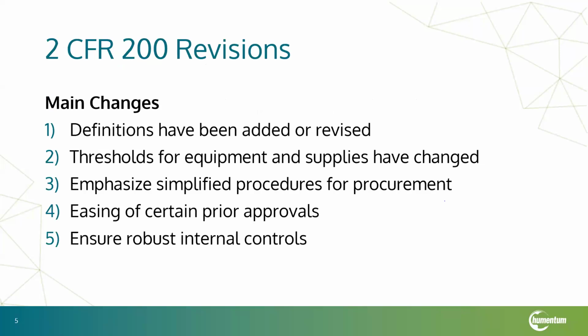They've emphasized, again, simplified procedures for performing procurement, and I will give an example. They've also reduced the amount of prior approvals that they demand. And they've increased the expectation when it comes to your organization's internal controls.